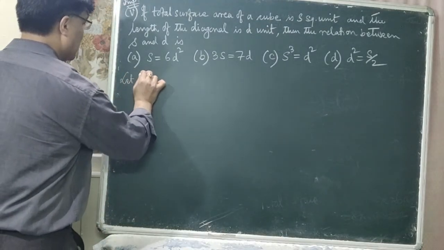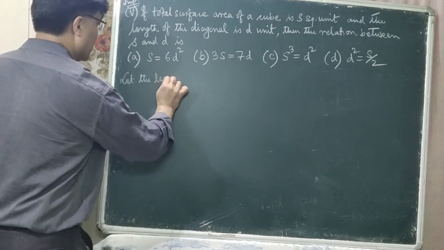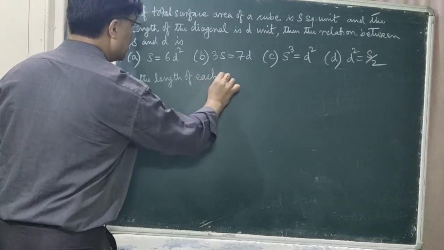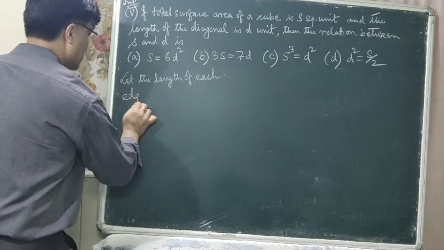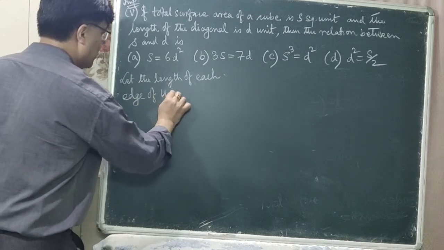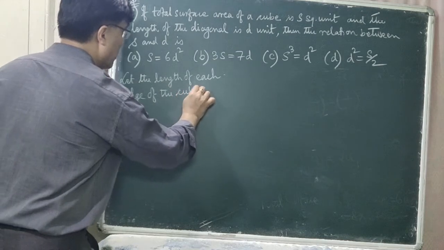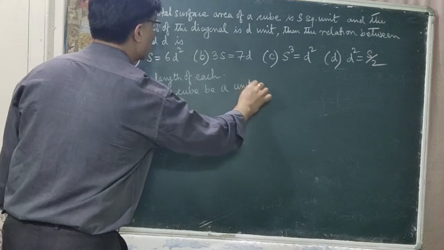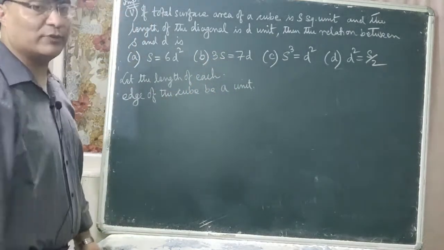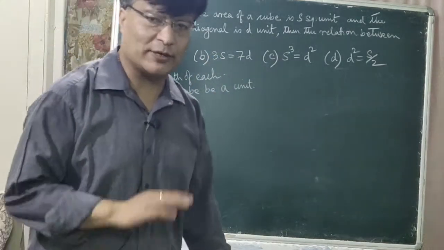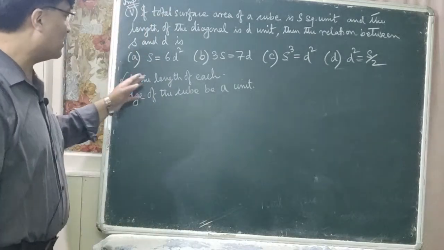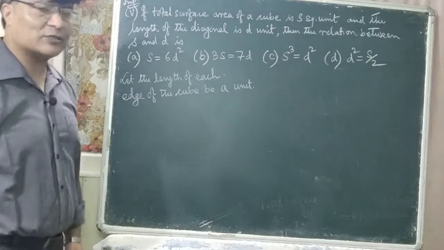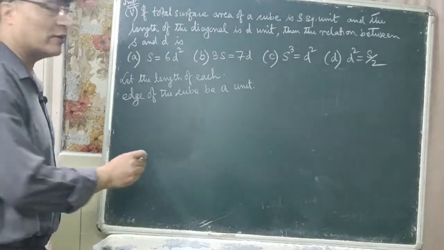Let the length of each edge of the cube be a unit. The question मा unit दिएको छ, unit मा लेखौं a unit. It may be centimeter, it may be meter and so on, right? So let the length of each edge of the cube be a unit. Now let us write down the formula for total surface area of a cube.